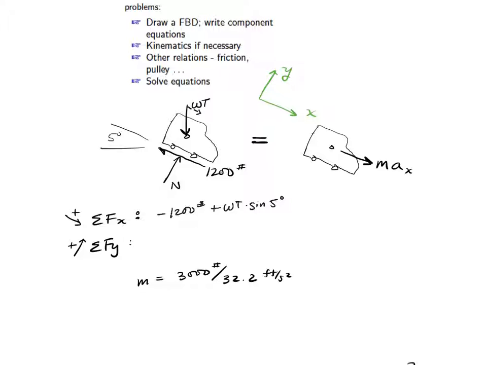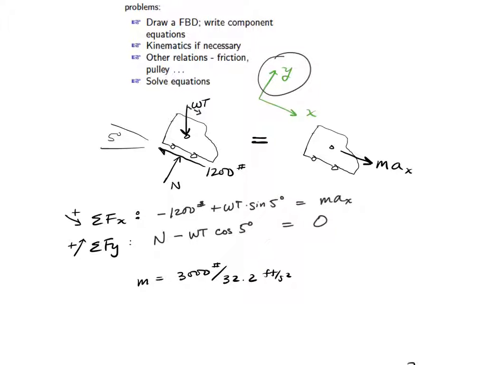On the right-hand side, I've got the mass times the acceleration in the x direction. If I sum forces in the y direction, and remember the y is tilted, I've got the normal force minus the weight times cosine of 5 degrees, and over on the KD side, I've got 0.